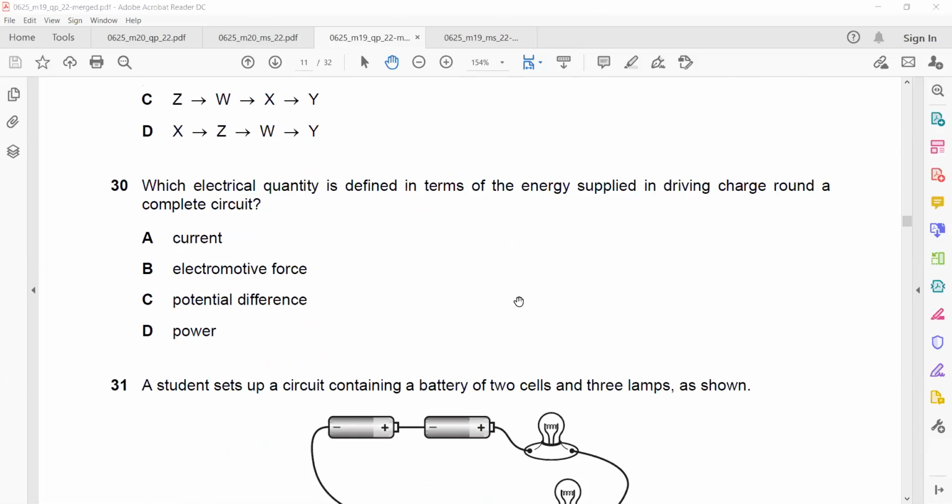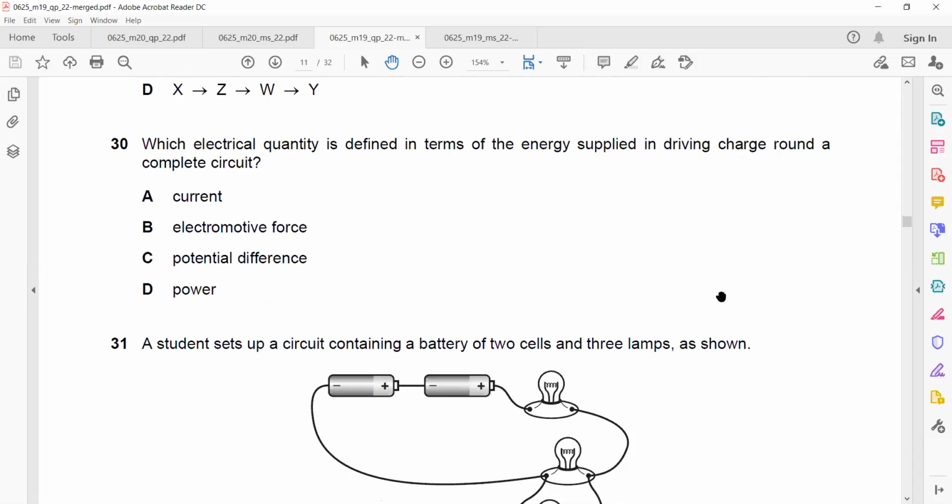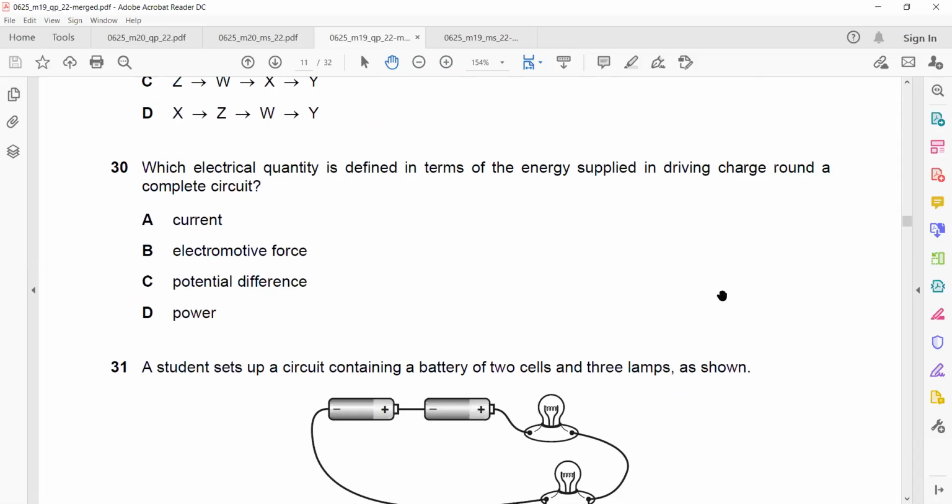Question 30: which electrical quantity is defined in terms of energy supplied in driving the charge around a complete circuit? Energy required to move the charge around the circuit. That's the definition of EMF, electromotive force.